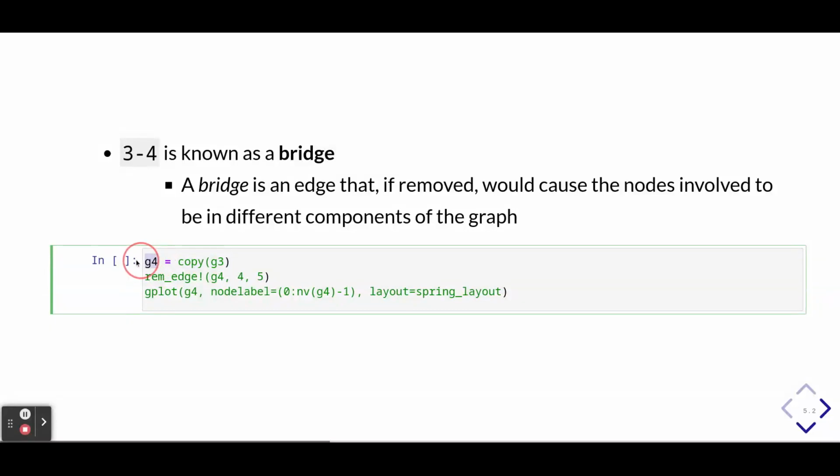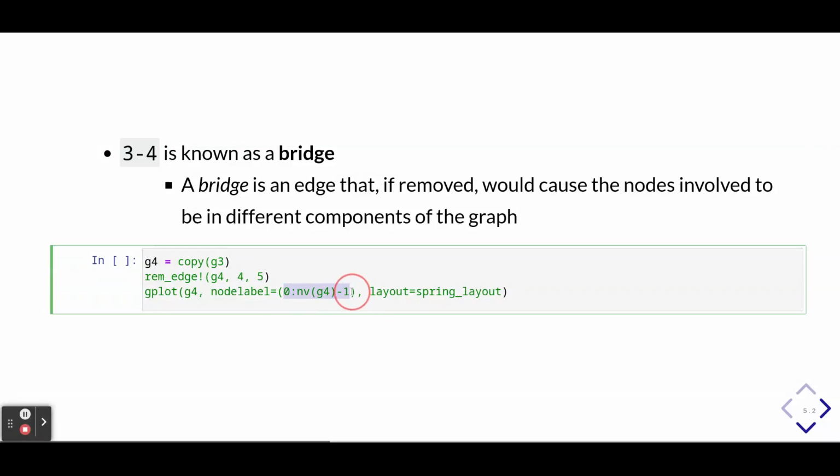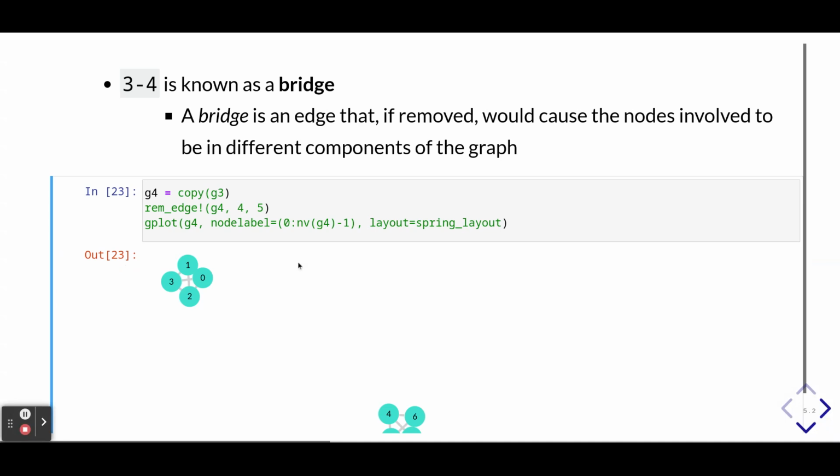We'll call the copy G4. And then we'll use this rem_edge! function to remove from G4 the edge between 4 and 5. Now, the 4, 5 here, I was labeling them as 3, 4 because I started counting from 0 in this example. But remember, Julia starts counting at 1, so that's why we call it 4, 5.